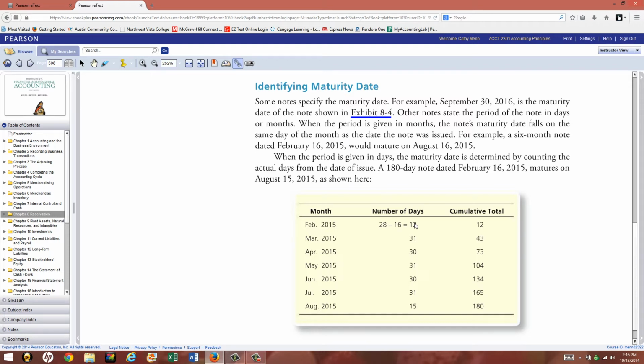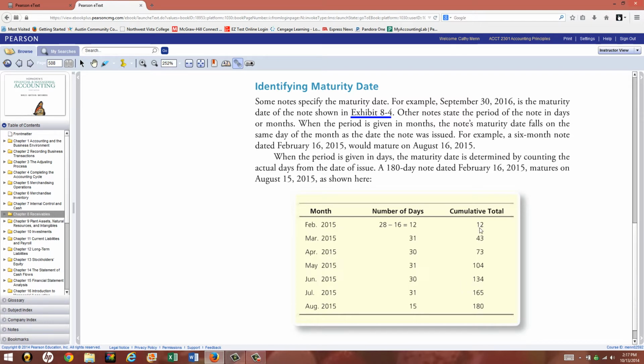Now we're trying to get up to 180, because it says it's a 180-day note. And so we literally go through, and you need to have written down somewhere when you're taking a test on this the number of days in each month, if you don't know them automatically. But you'll notice we do March, April has 30, May 31, June. We're trying to get to this 180.